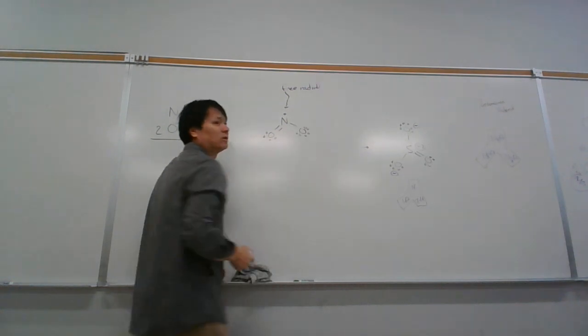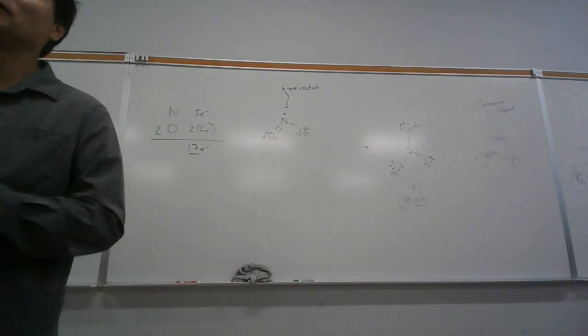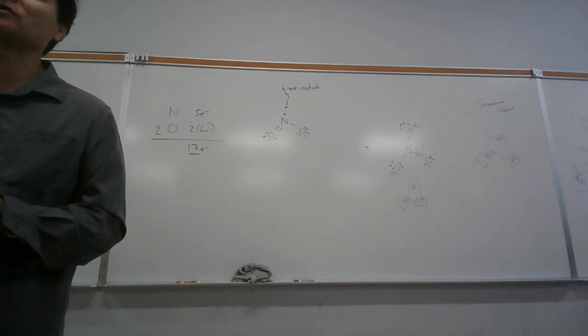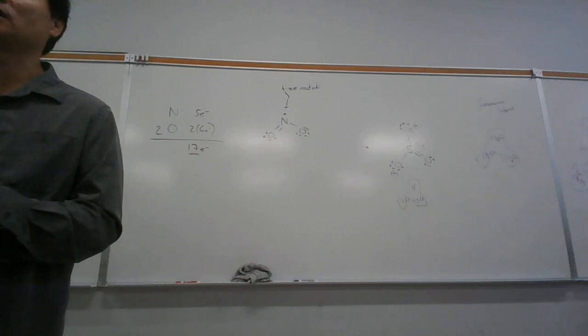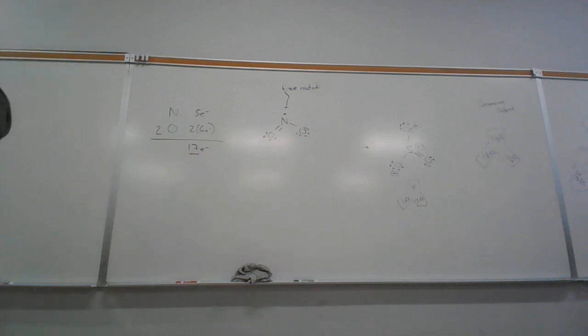And so what a free radical wants is to take an electron to complete its octet, or bond with something and share an extra electron to complete its octet. So it's either going to form a bond or take an electron. And so free radicals are going to try to react with something by oxidizing them.